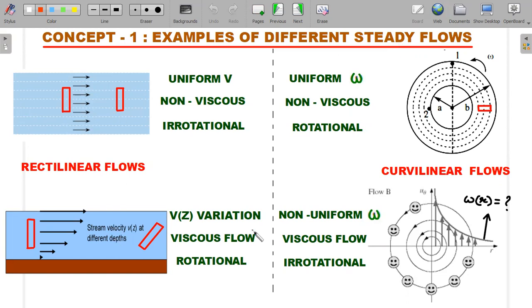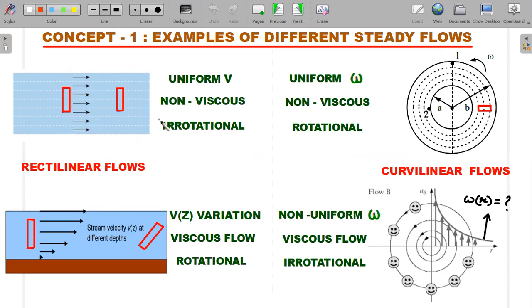I've given 4 examples and divided the page into 2 parts. The left side examples are rectilinear flows where the fluid elements go in straight lines. On the right side of the board, you have 2 more examples called curvilinear flows where the fluid elements go in curves. On the right top, I have taken the example of the present problem from this video. Let's see what the other 3 are. We'll go one by one.